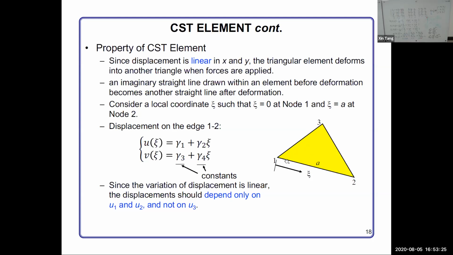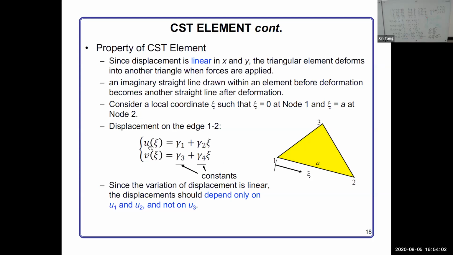In that case, the displacement of any point on this line can be written as U of phi, where phi is the distance of that point away from node 1. If the length of this edge is A, then phi changes from 0 at node 1 to A when it overlaps with node 2.